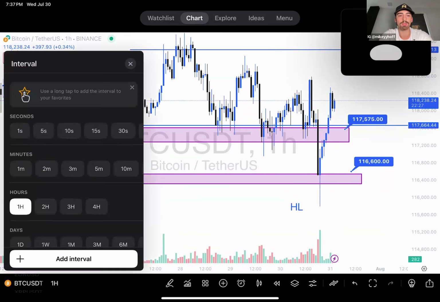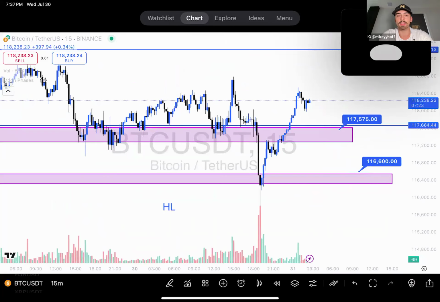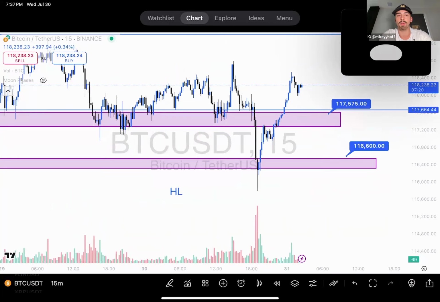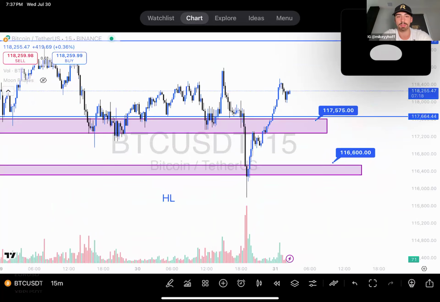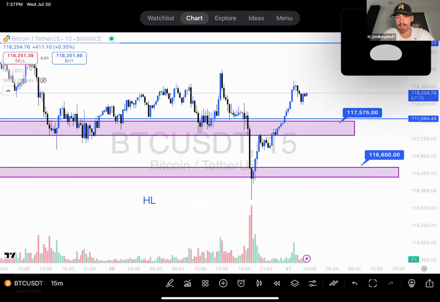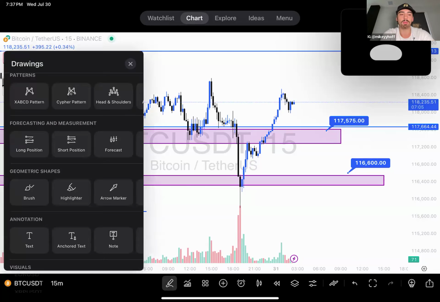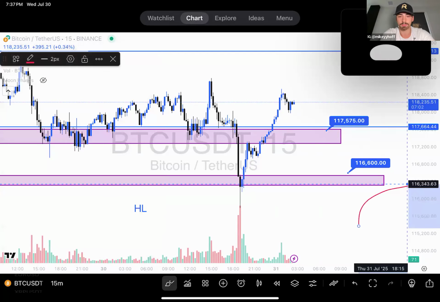Now that we have our zones, we want to drop down to the 15-minute chart, right? And this is where we're going to actually wait for our reaction to happen in the zone, right? How do we do that? What is the reaction? What does that mean, right? If we're looking for buys in our zone, right, the market is bullish, we're going to actually look for a W reaction in our zone, right?